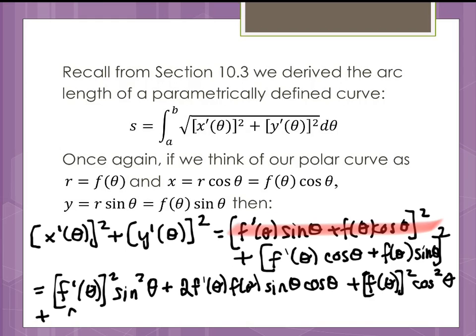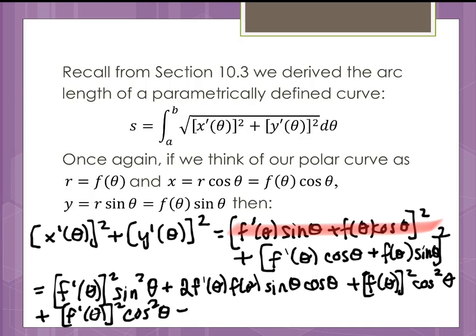And we're going to add that to the next piece being FOILed or multiplied out as well. So I'm going to have f prime of theta quantity squared times cosine squared of theta. And then I have plus, I feel like I'm messing a sign. Didn't one of these have a negative sign in it? Yep. This one, right? Has a negative here? Okay. All right, good, because then I'm going to have a negative.